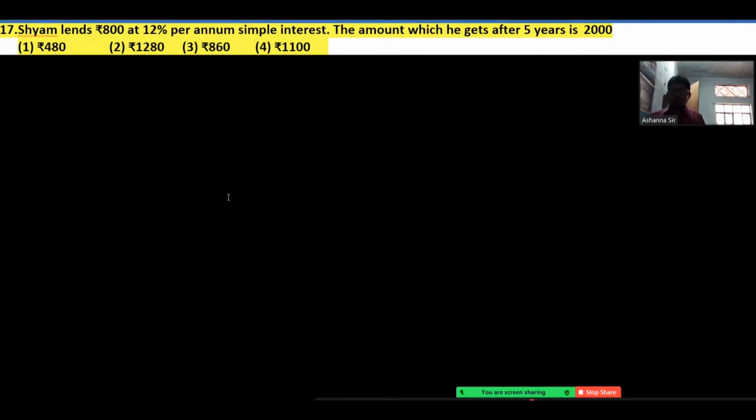17. Sham lends 800 rupees at 12% per annum simple interest. The amount which he gets after 5 years is... Here we have to find amount. We know amount A is equal to I plus P, or P plus I. First we have to find the interest, then we have to add the principal.